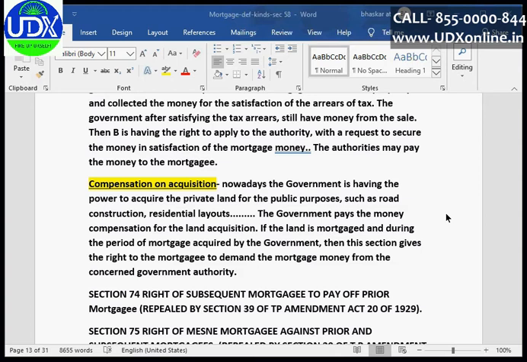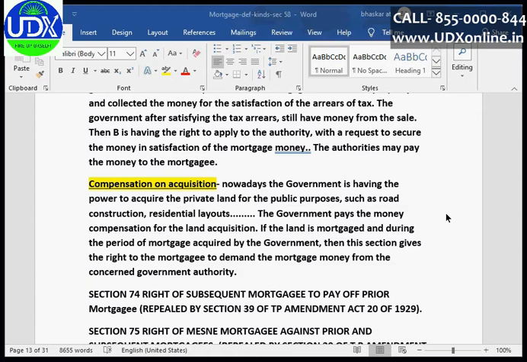He must provide all the proofs of mortgage, and that authority, who is supposed to give the fair compensation, receives that petition, then the government is going to give a notice to the mortgager. They will fix the date and time for the conduct of inquiry.